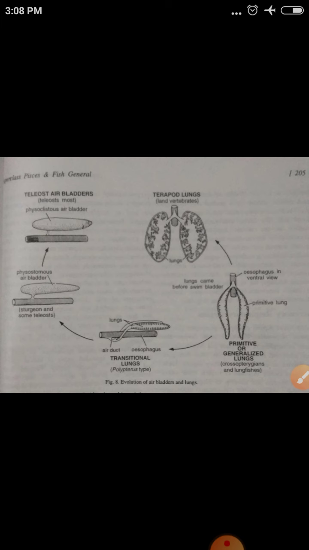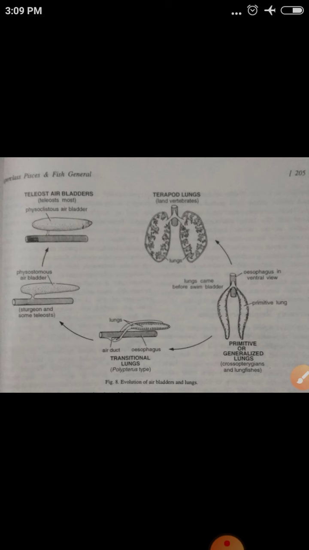Probably both arose phylogenetically as pharyngeal pouches. No vertebrate exhibits both a swim bladder and a lung. While swim bladders are characteristic of fish, lungs are characteristic of tetrapods.